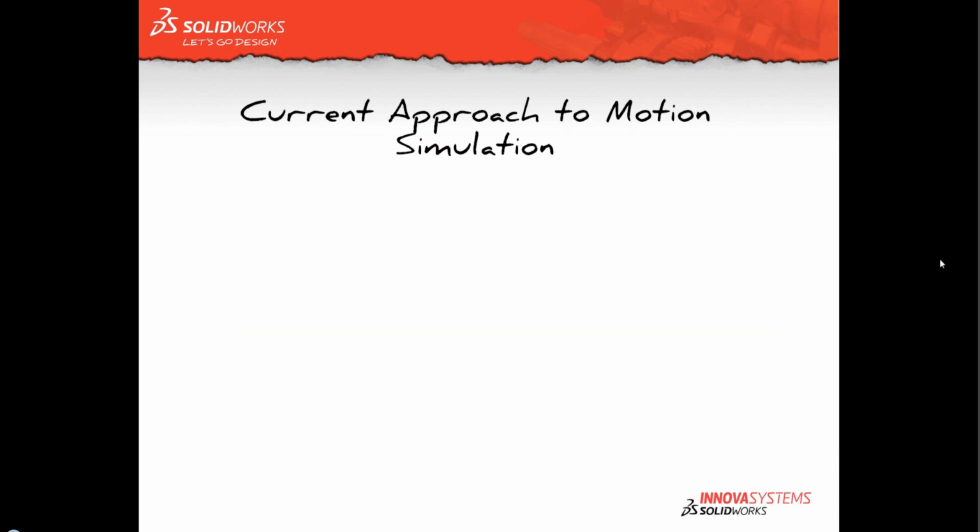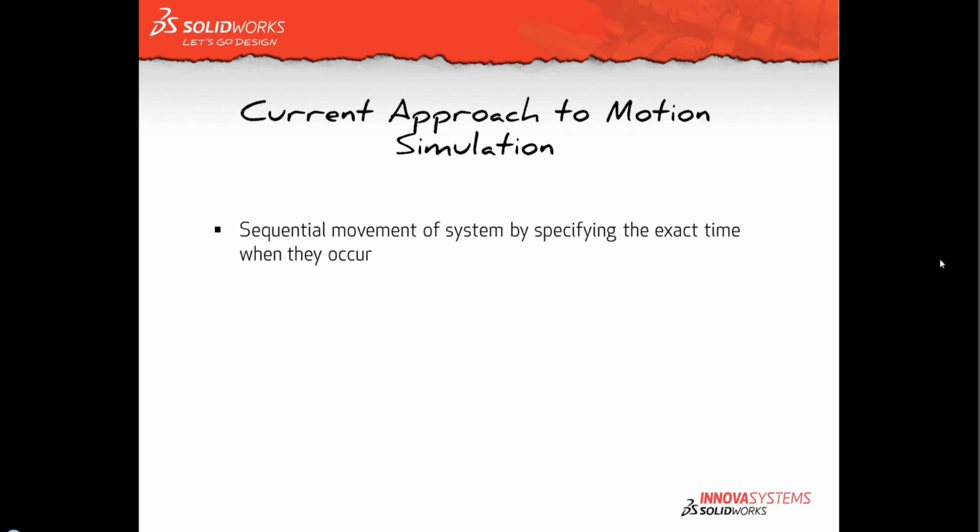First of all, what is our current approach to motion simulation? Well, at the time being, if we use the standard SolidWorks simulation tools, we have to specify a sequential movement of the system by specifying the exact time frames in which items occur. So we have to say action A will occur at 30 seconds and last for 3 seconds.